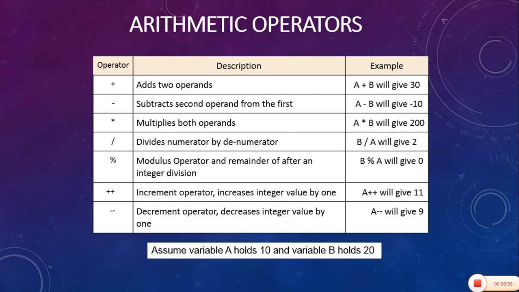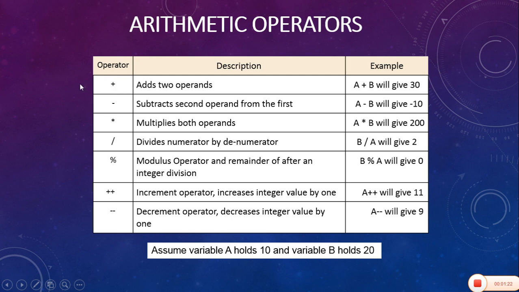Arithmetic operators are similar to the arithmetic operations that we use in maths, but the symbols used for arithmetic operations in the C++ language are a bit different, as mentioned over here.